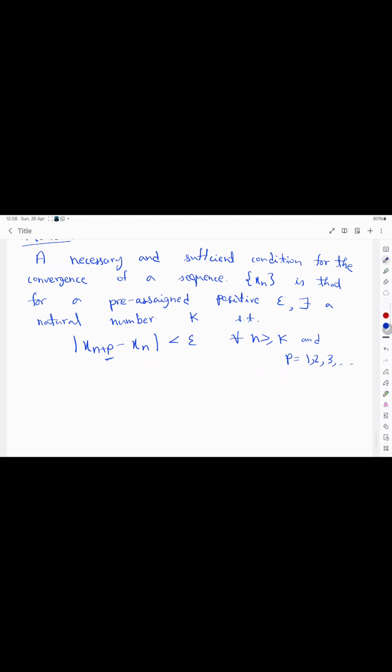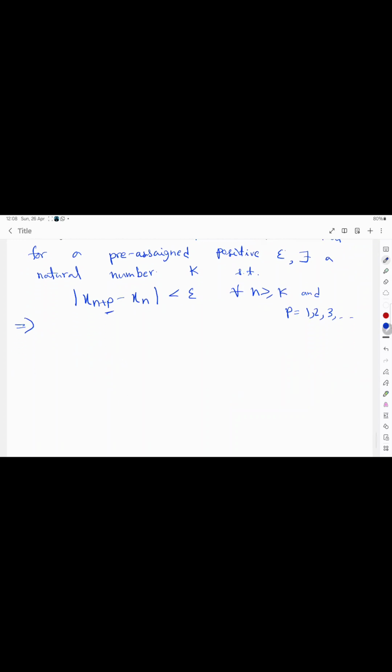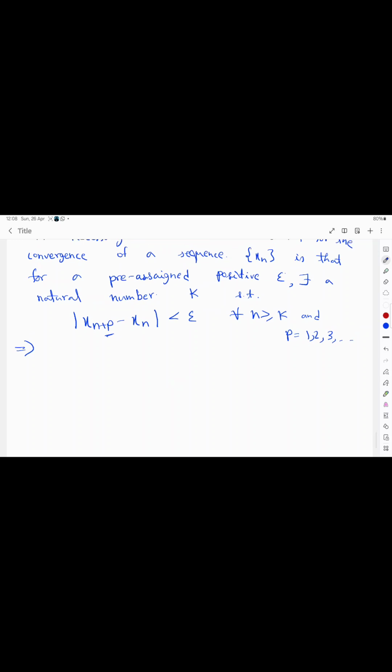This is the theorem you have to prove, and it is very, very important also. So first consider the case when your xn is convergent. Then you have to prove that this condition is satisfied. So let xn be convergent.